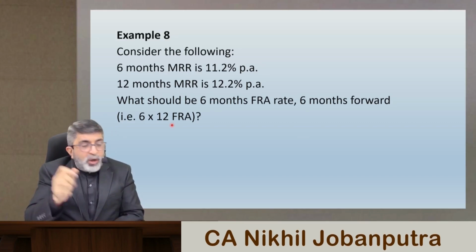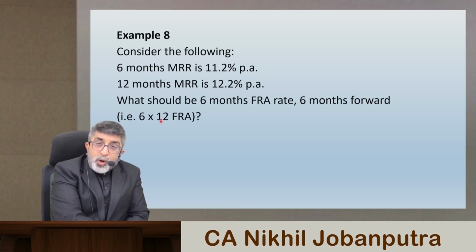Now, we always formally mention in this format for short-term FRA, 6/12 FRA, indicating that the loan initiates in 6 months and terminates in 12 months. That means the loan will be for a period of 6 months. In other words, it is a 6-month FRA rate, 6-month forward.